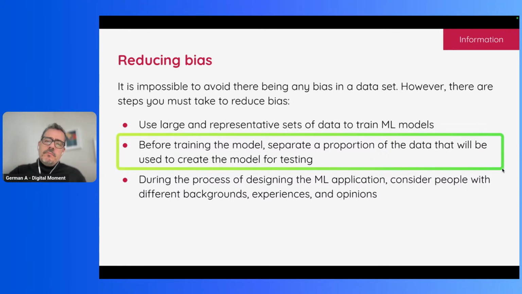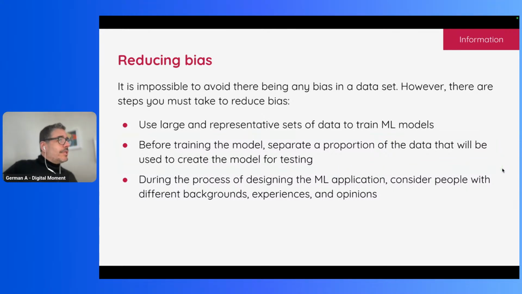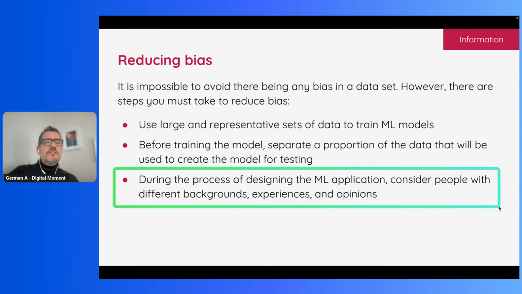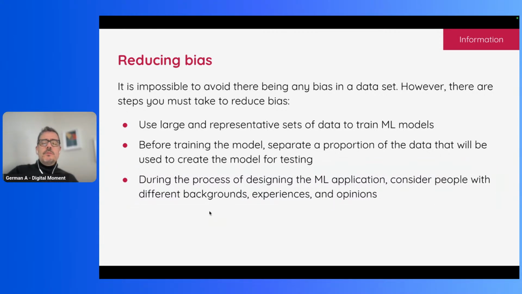Make it random. And if the random is not giving you enough variety, try to include some variety even manually. And the last one is during the process of designing and working with these things, make sure that we included everybody, at least as many people as we can, making sure that we have different backgrounds, opinions, and experiences, so the system is going to be richer.